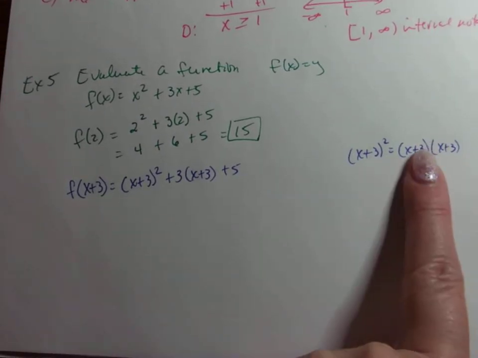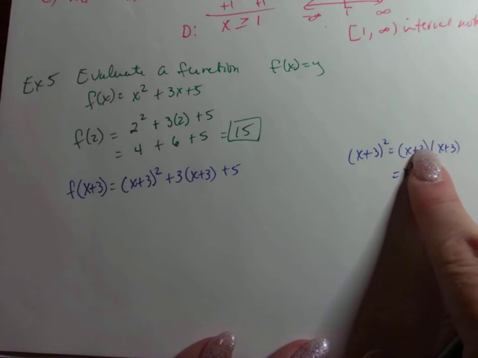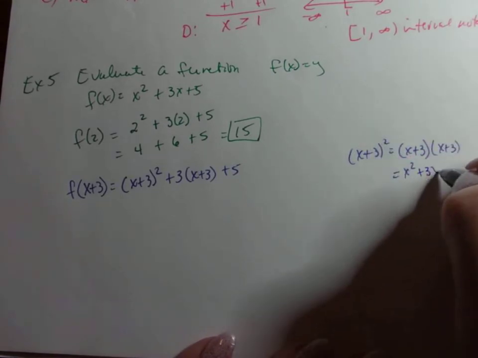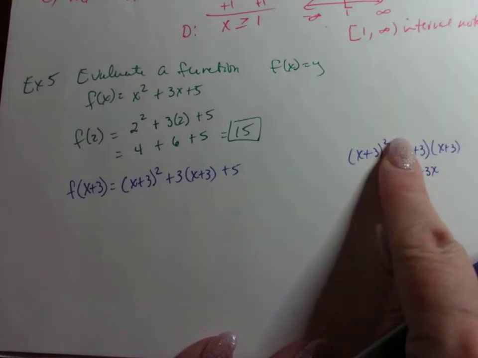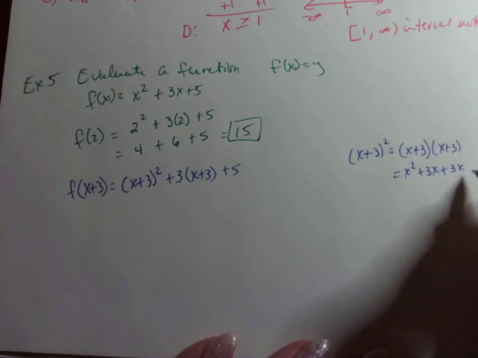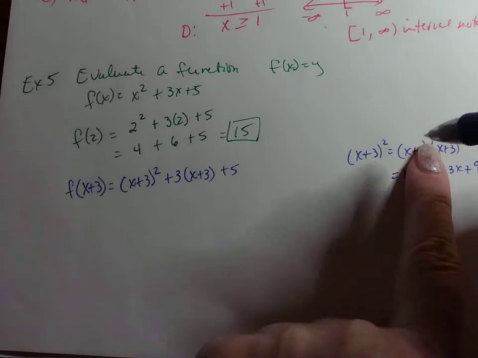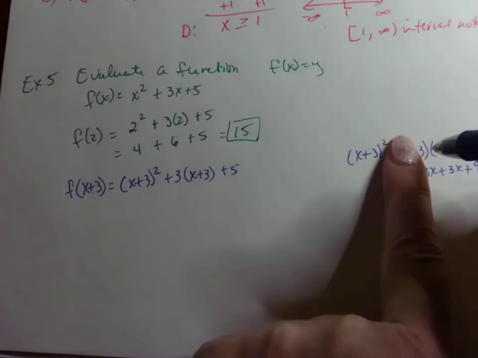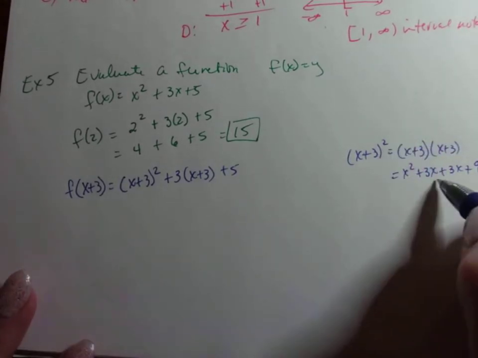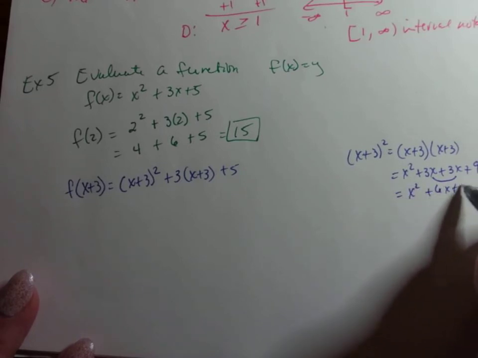So we're going to FOIL this out. X times x is x squared. X times 3 is 3x. 3 times x is 3x. And then 3 times 3 is 9. It's FOILing, first, outside, inside, last, or just distributing the first value to both and then the second value to both. Always combine your like terms. You get x squared plus 6x plus 9.